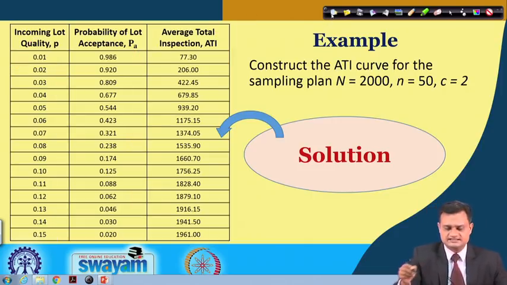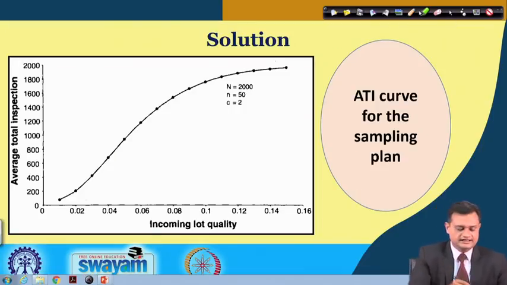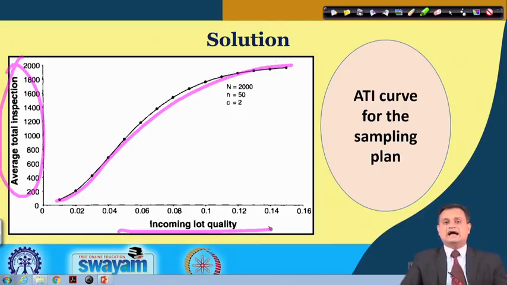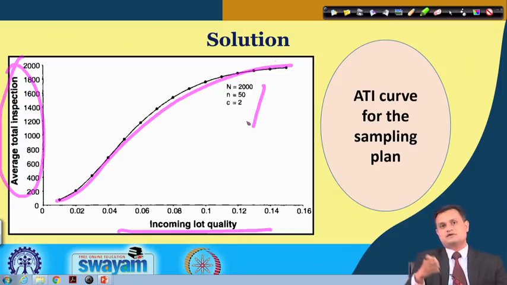When you do this, you will have a typical curve called average total inspection, and what you can see here is that my average total inspection increases, for a given N equal to 2000, n equal to 50 and c equal to 2, as my incoming lot quality becomes bad.